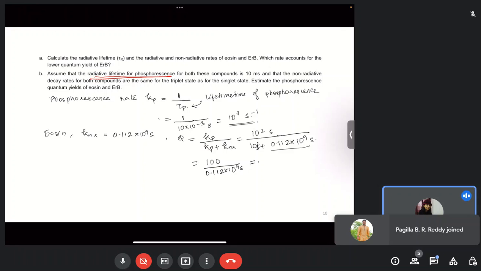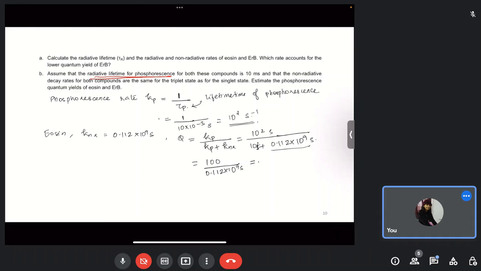So this is going to be 8.92 into 10 to the power minus 7.